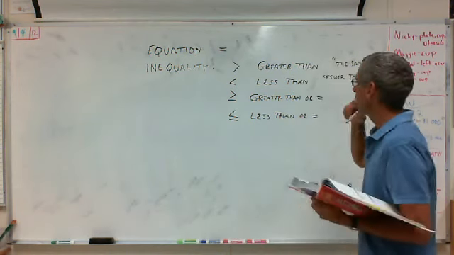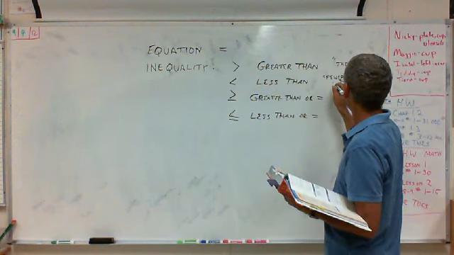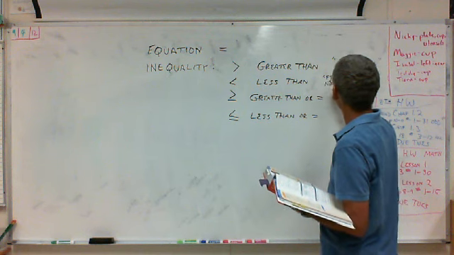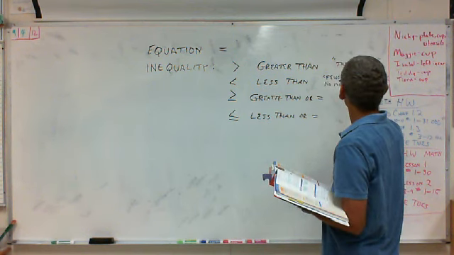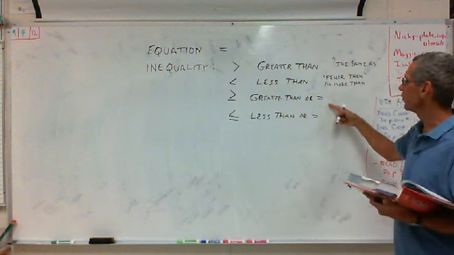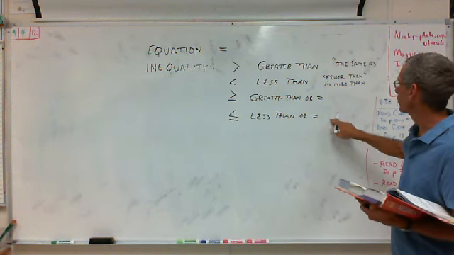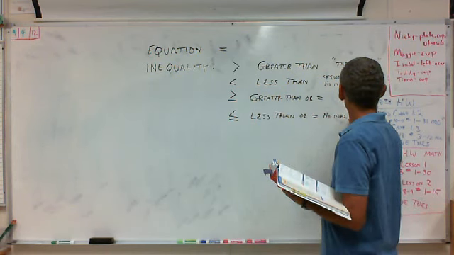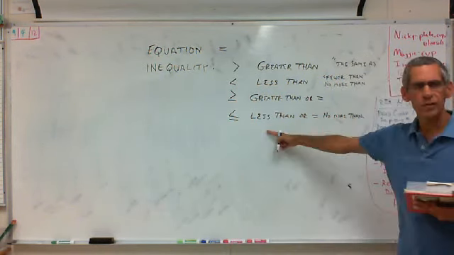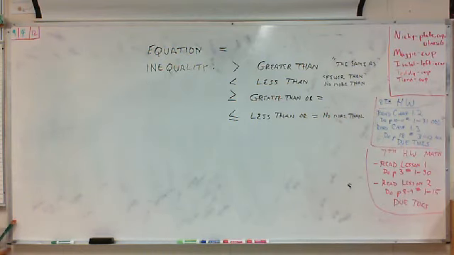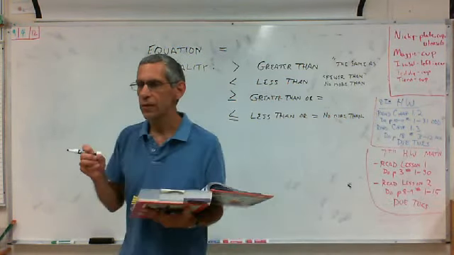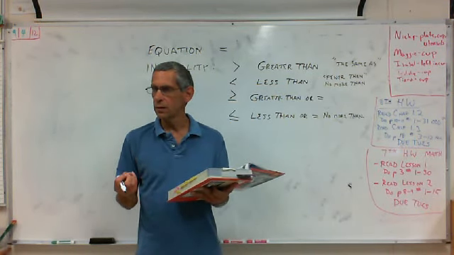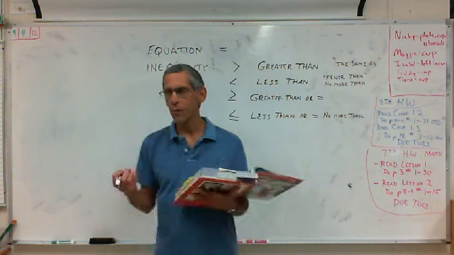They might say no more than. Actually, that would be more for this one. Actually, wait a minute. No more than. Think about it. If the number of apples that I have in my hand is no more than 10, how would I write that?